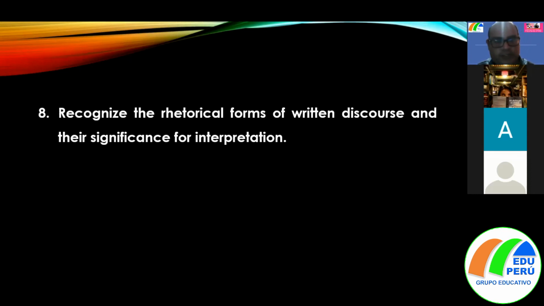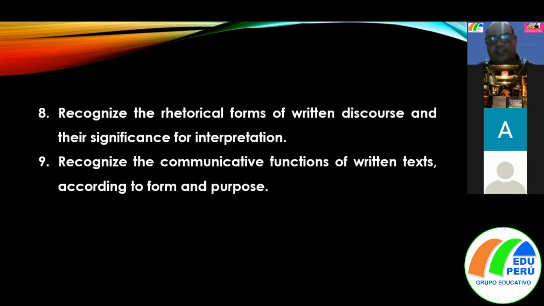Number 9, we are just getting to the end. Recognize the communicative functions of written text according to form and purpose. Notice this is the metacognitive theory. So they need to understand why they are reading and what they are reading: the communicative functions of written text, according to the form or type and according to the purpose of reading.